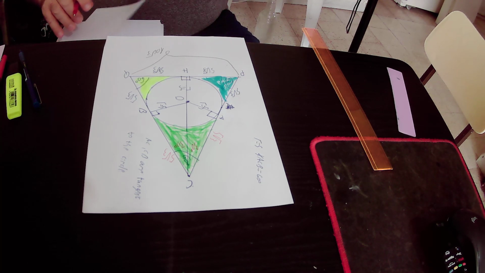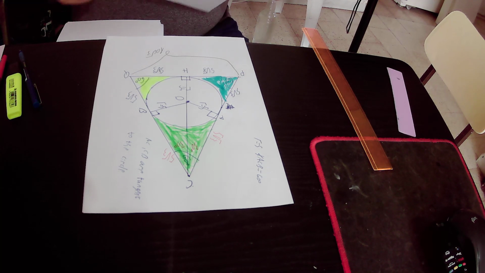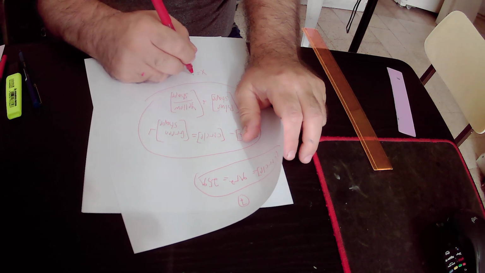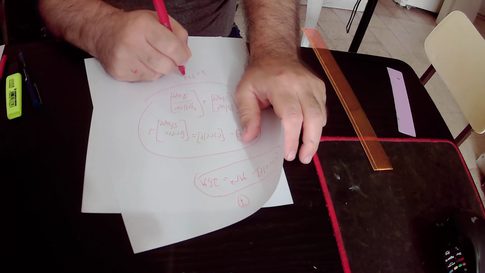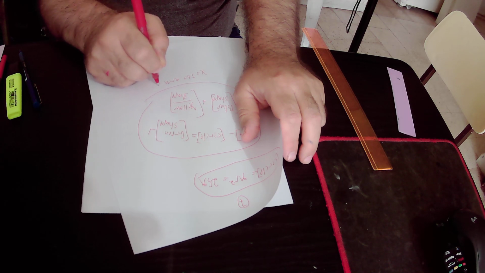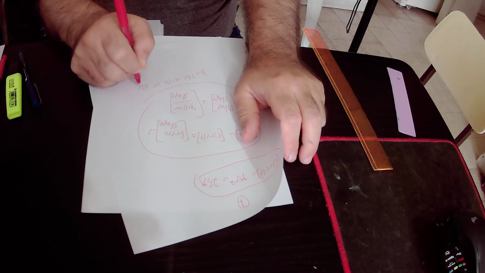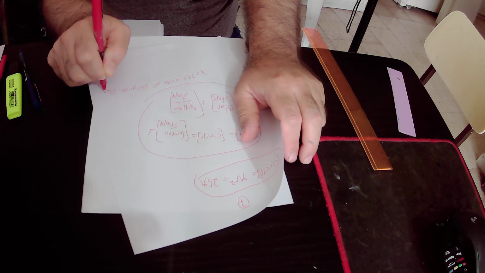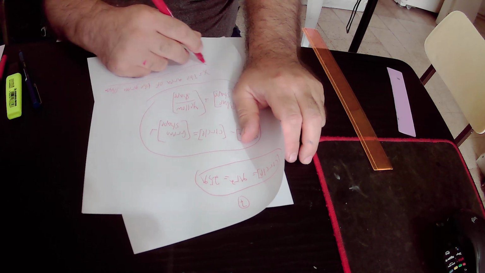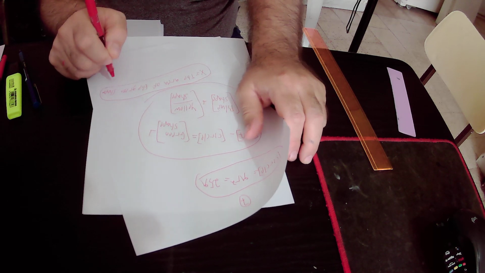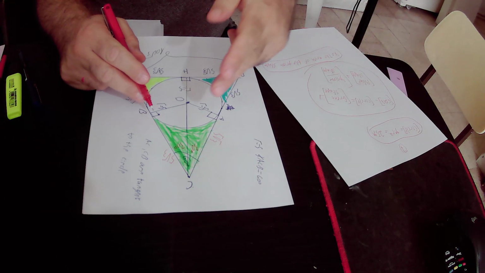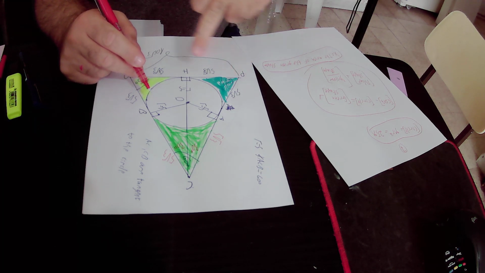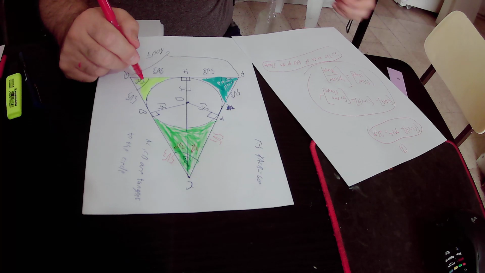So if we define the area of the green shape as x, then the area of the blue shape will also be equal to x, and the area of the yellow shape will also be equal to x.